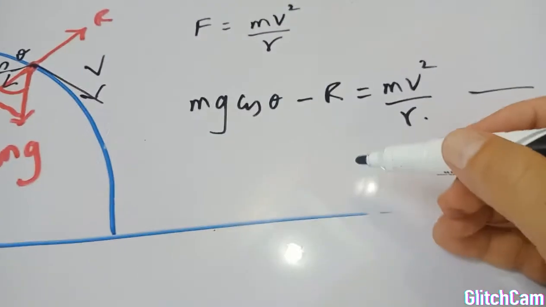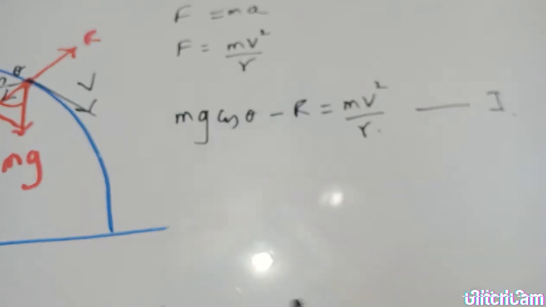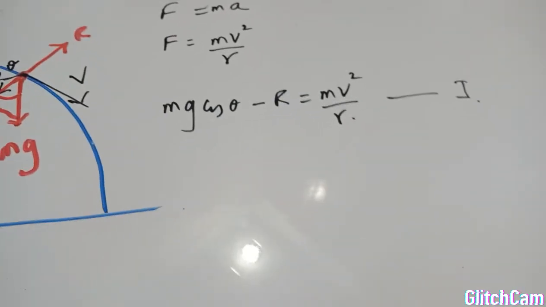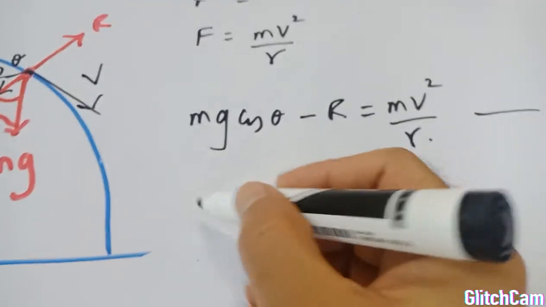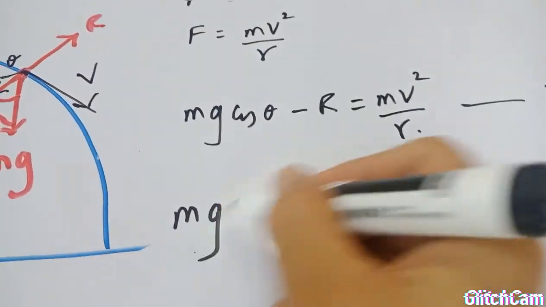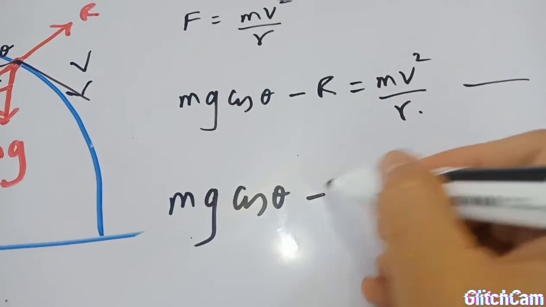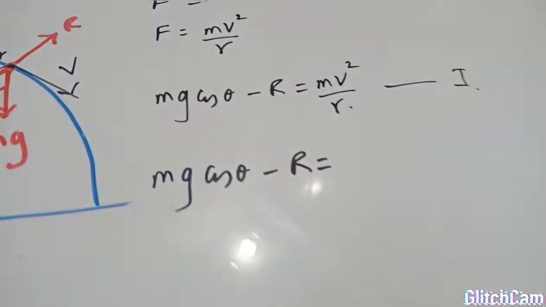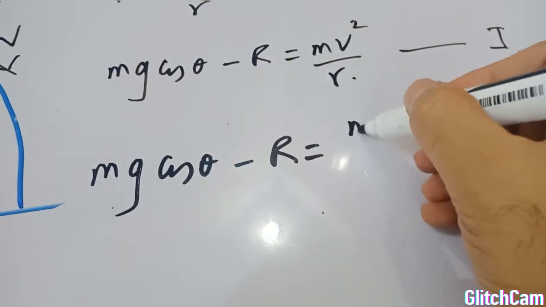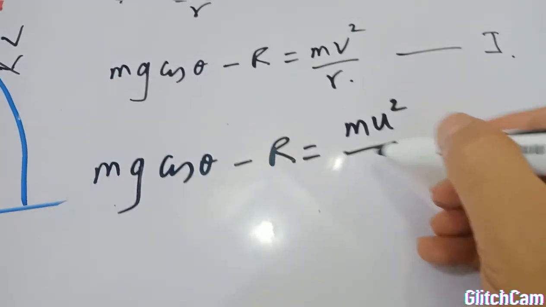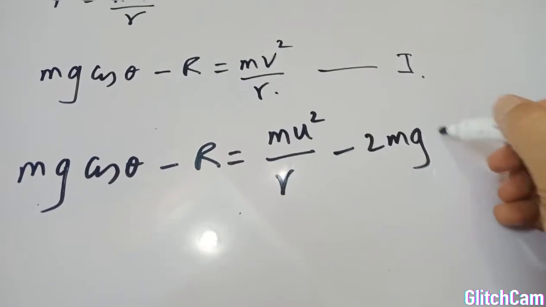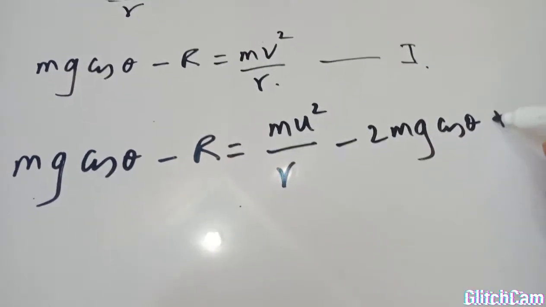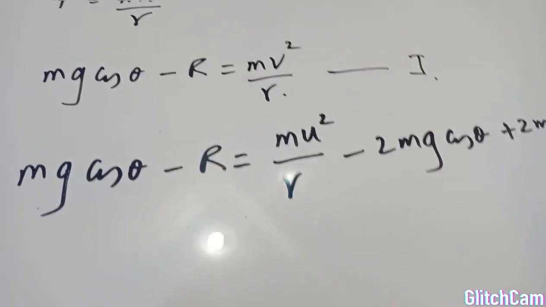So now this would become mg cos theta minus r, and I have all this: mv square over r minus 2 mg cos theta plus 2 mg.